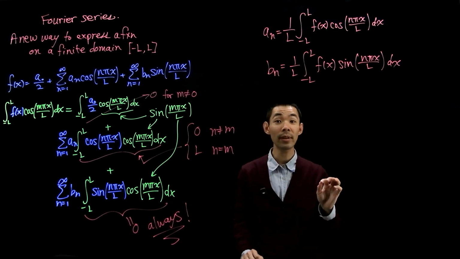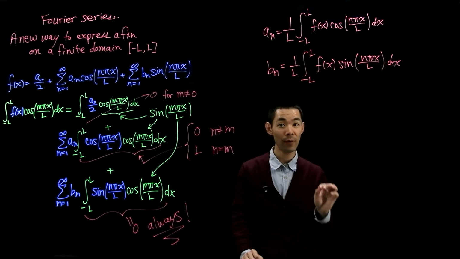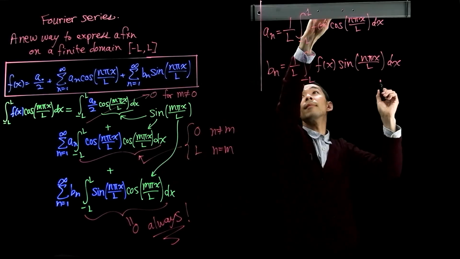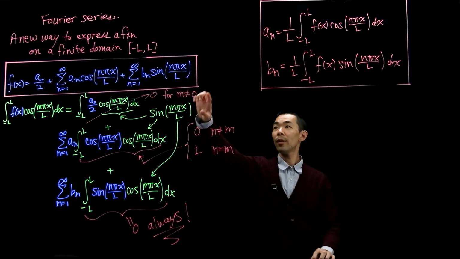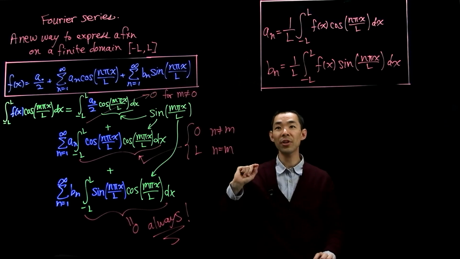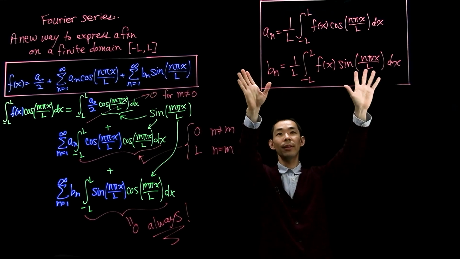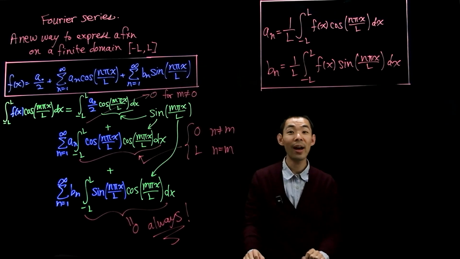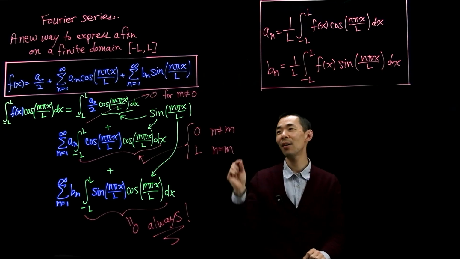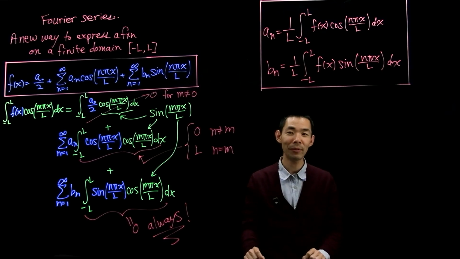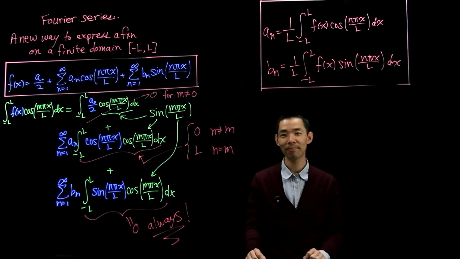So the important equations to know are the following. Okay, so this boxed equation combined with this equation will allow you to determine the weights of each sine and cosine mode that you need to build up your function.